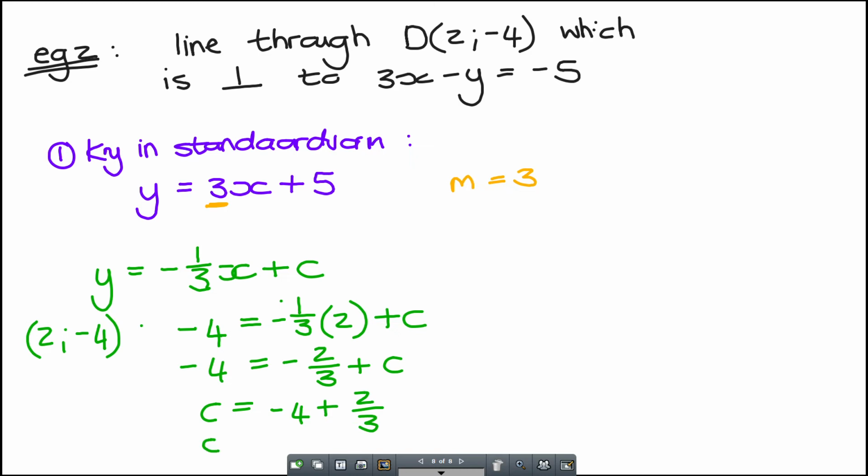So c, kan jy nog sien hieronder? Oh. C will be minus 3 1/3. Okay, we have to end off with our final equation. So y is equal to minus 1/3 x minus 3 1/3. Okay. Any questions?